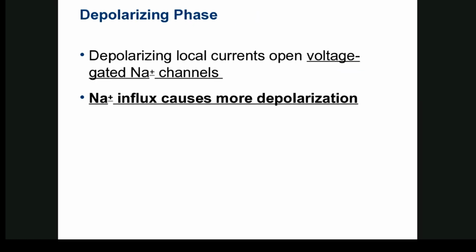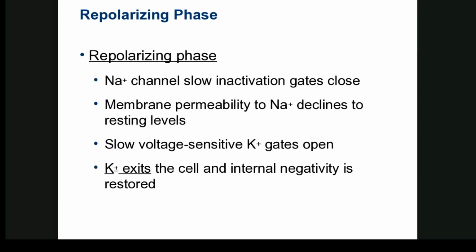And the depolarizing local currents open the sodium channels, and as I said with the dominoes, you get sodium moving in, until you get a whole wave of negativity along the axon. Okay, now when it is through with this action potential, the first thing that happens is the potassium gates open.